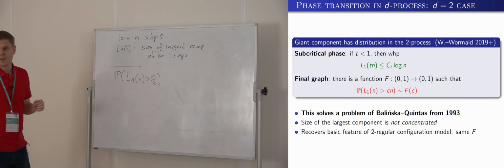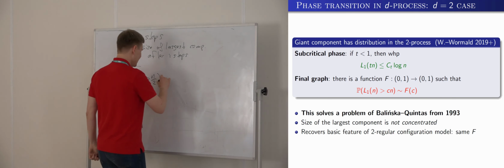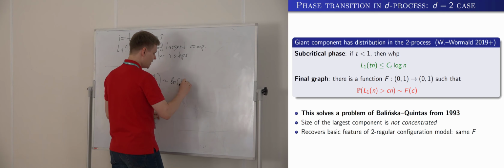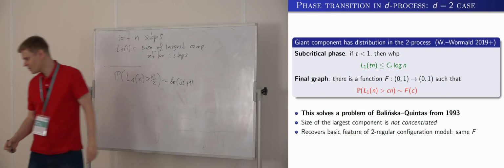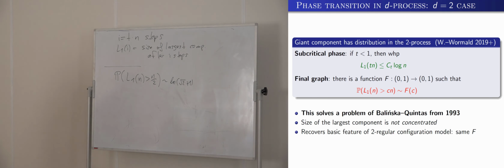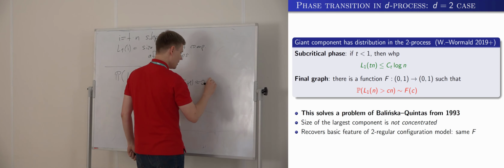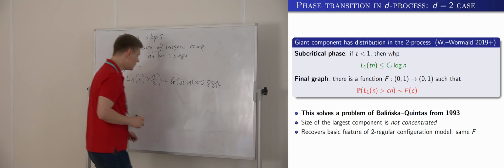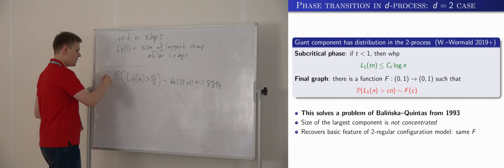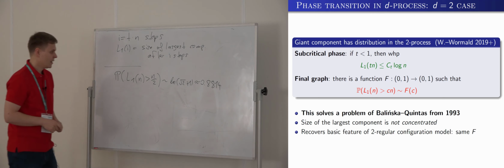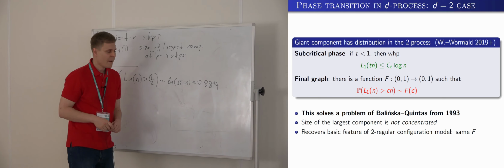Our result says that this is asymptotic to ln of square root 2 plus 1, which is about 0.8814. So this answers the question that they raised in 1993.